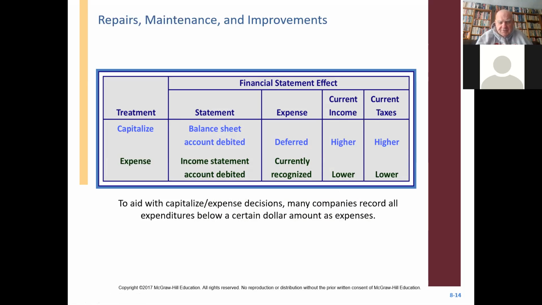You save $300 in taxes, as opposed to an improvement where you capitalize it on the balance sheet and the expense is deferred. Remember the deferred expenses when we're doing adjusting? One of the deferred expenses is depreciation. So your income's going to be higher and you're going to pay a little more taxes, okay?